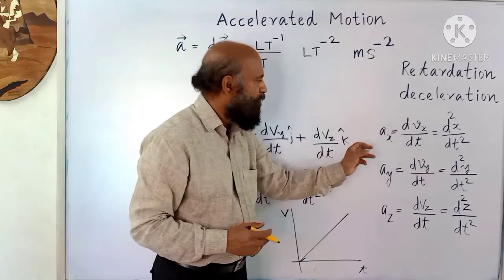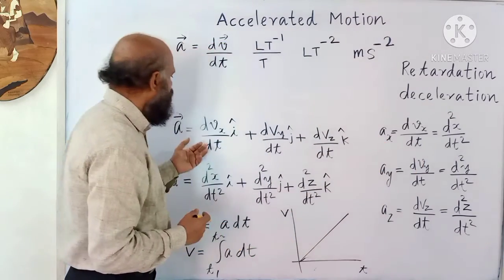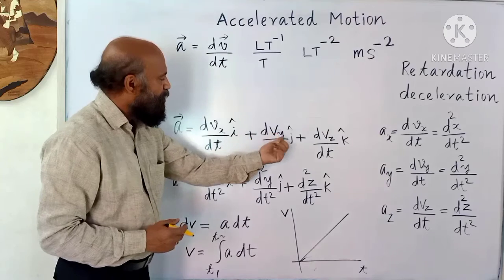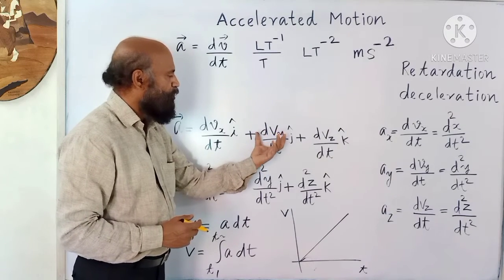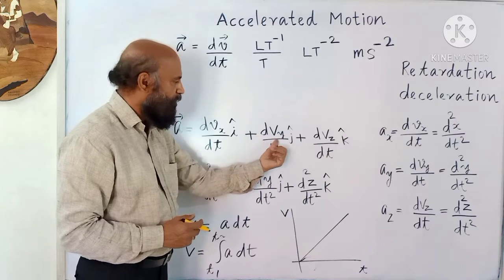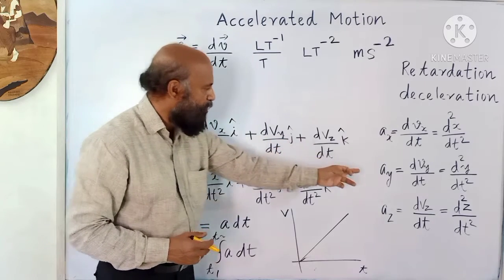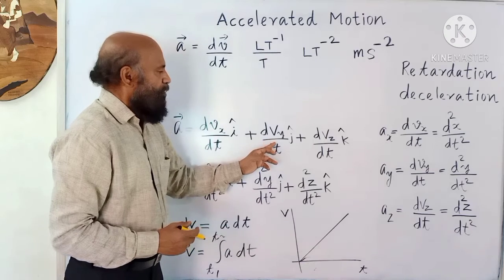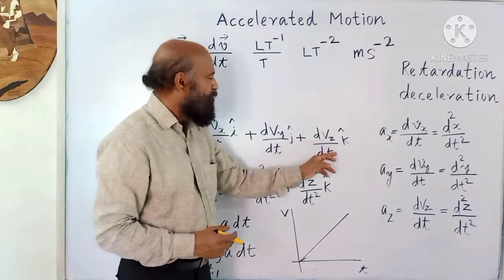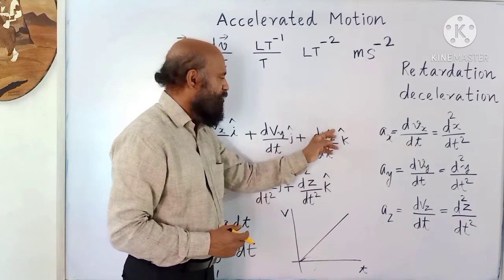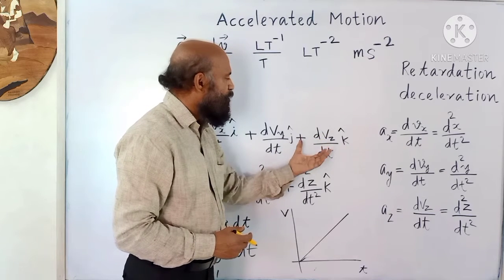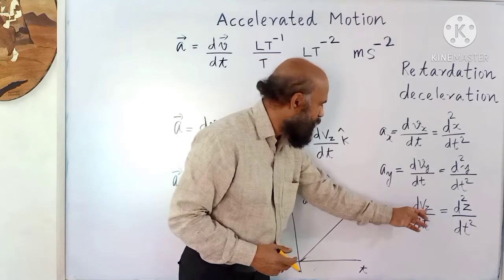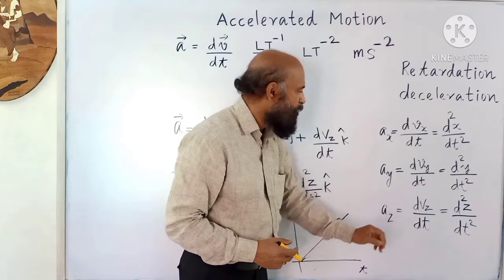This is dvy by dt, the rate of change of velocity along the y-axis, that is acceleration along the y-axis. Then this is the rate of change of velocity along the z-axis. So it is dvz by dt, which is az.